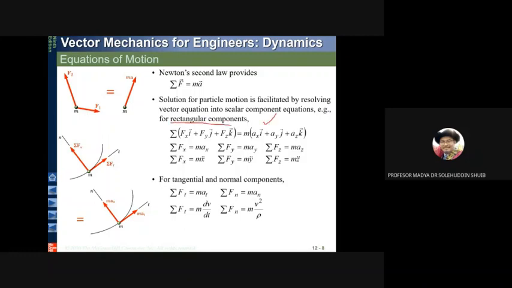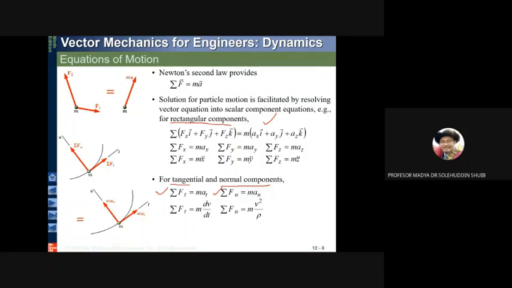Now we are moving to the next one, how to relate with tangential and normal component. Basically it's the same thing. Summation of force we can resolve into summation of force tangent and summation of force normal. So we have this equation, summation of Ft equal to m at, summation of Fn equal to m an. Basically what is m at? m at basically is m dv/dt, and then summation of force in normal is m v squared over rho.